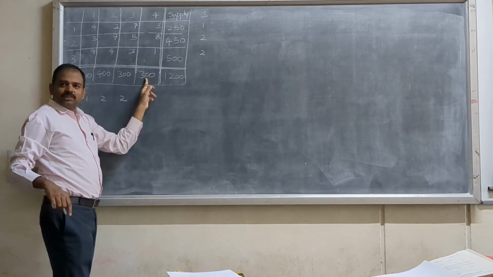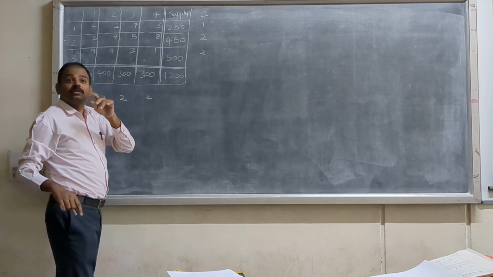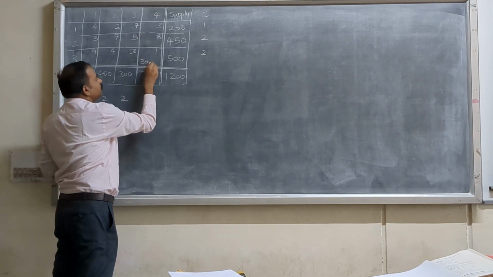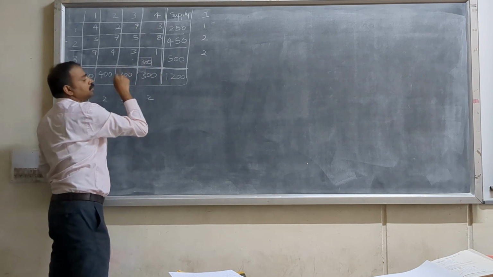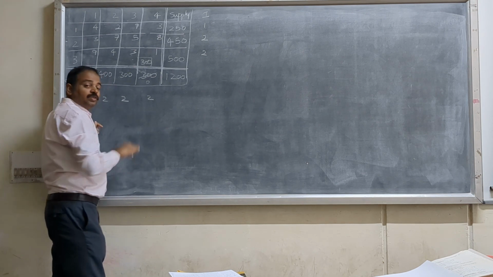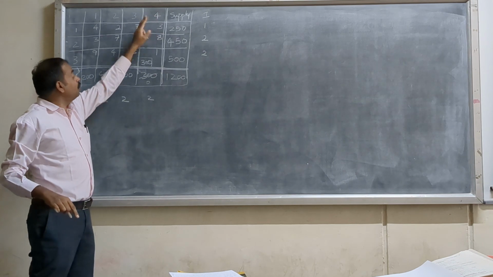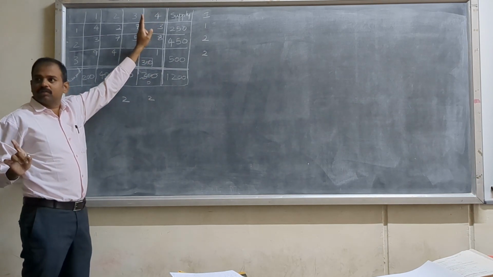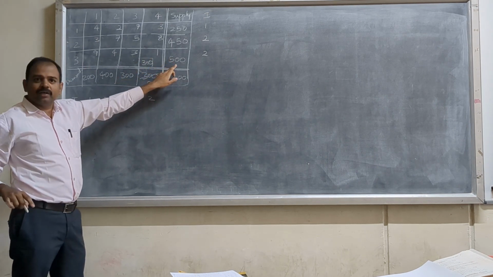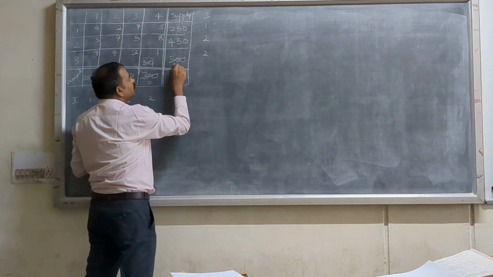The column total is 300, the row total is 500, the least is 300. So I allocate 300 here, and this becomes 0. The demand for destination 4 is fully solved. Out of the 500 supplied from the third source, 300 is assigned to destination 4, and the remaining is 200.